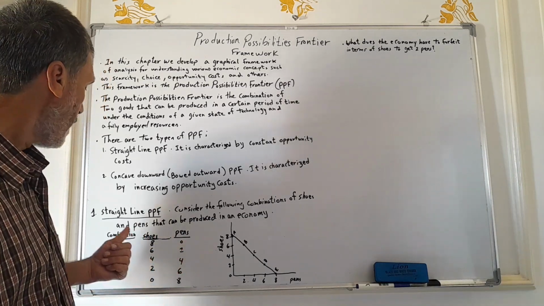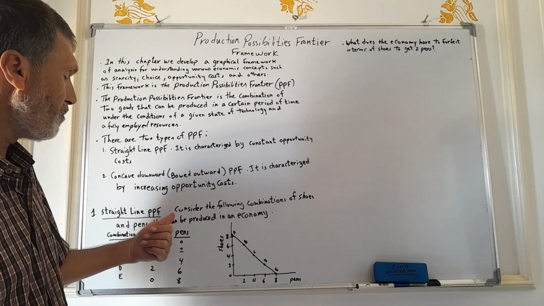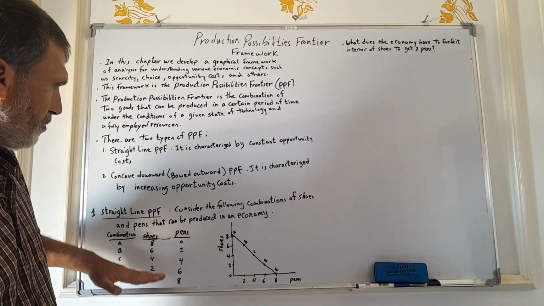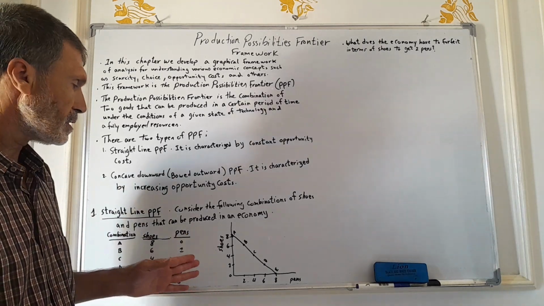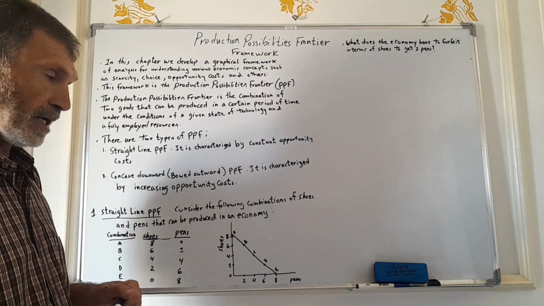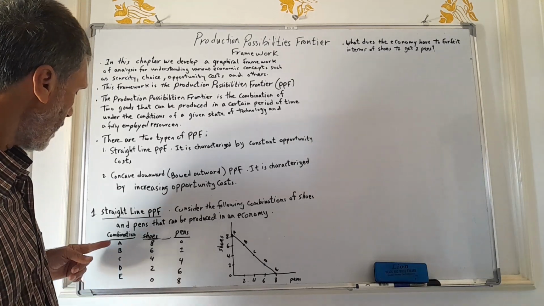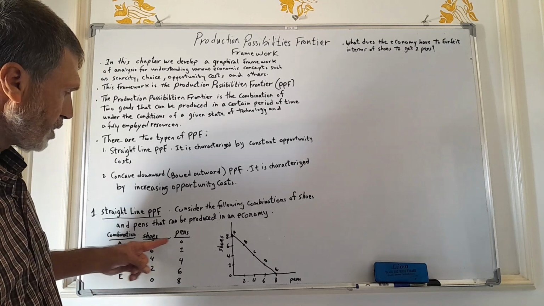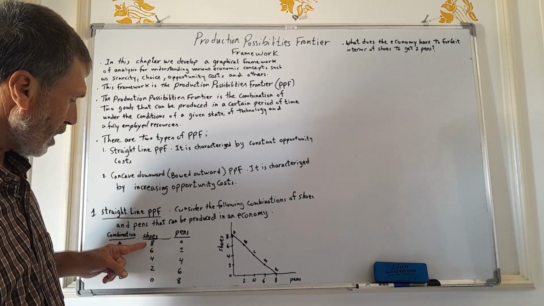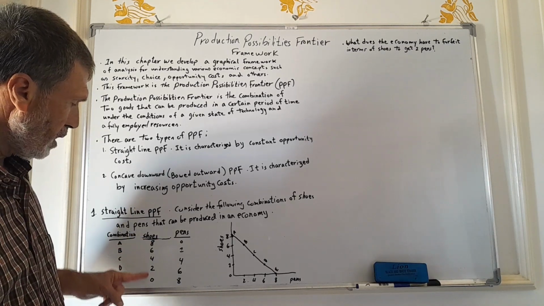Okay, now we said straight line PPF. Let's consider the following combinations of two goods, namely shoes and pens. Now we have 5 combinations of shoes and pens. We start with 8 all the way to 0.